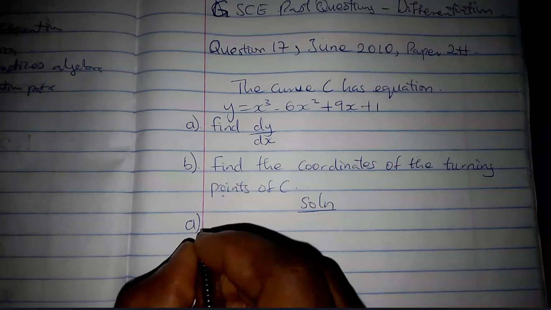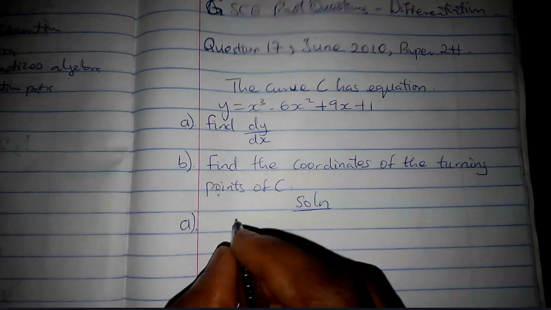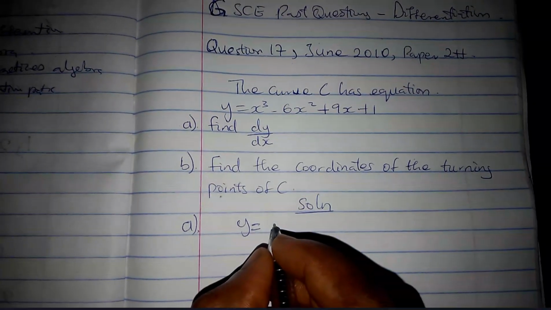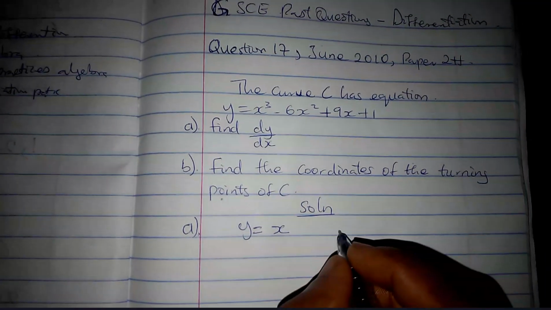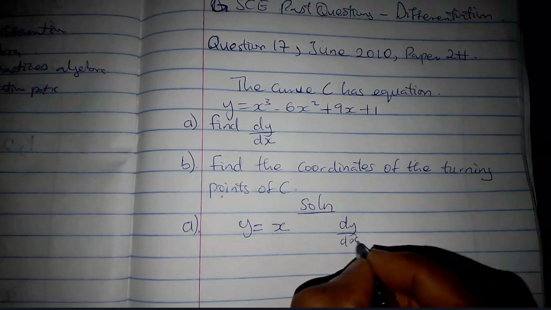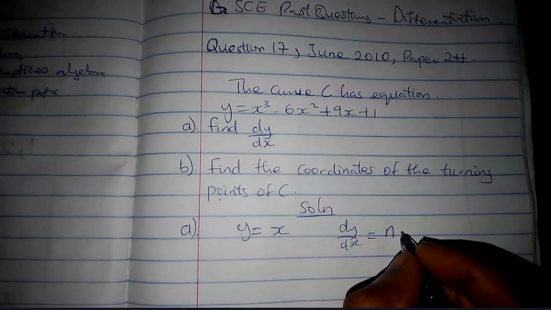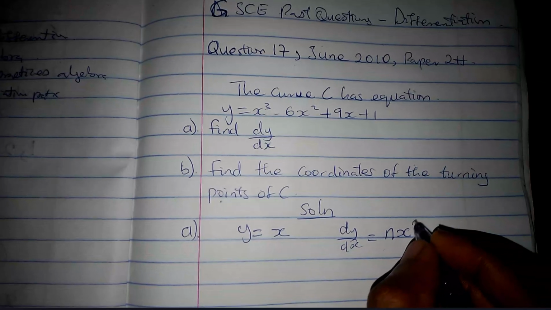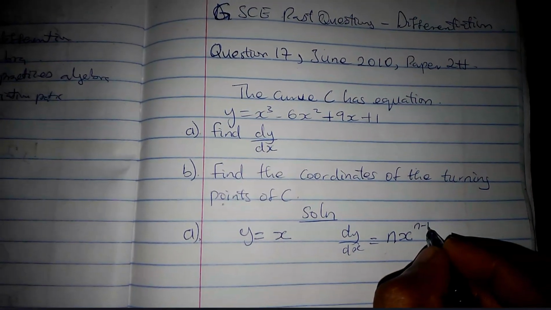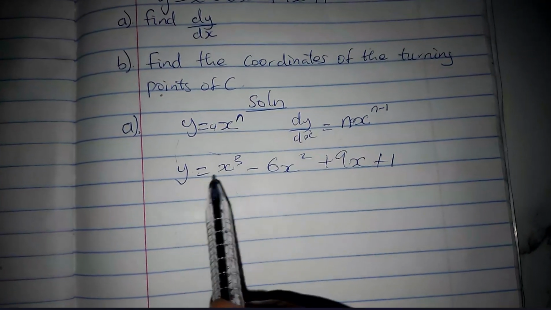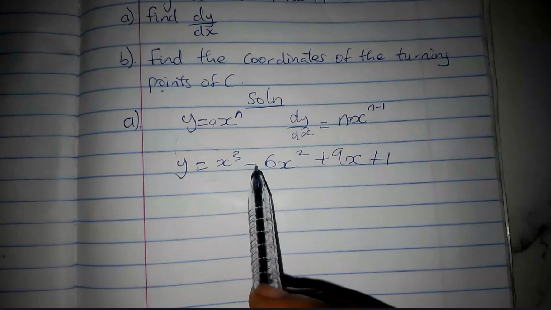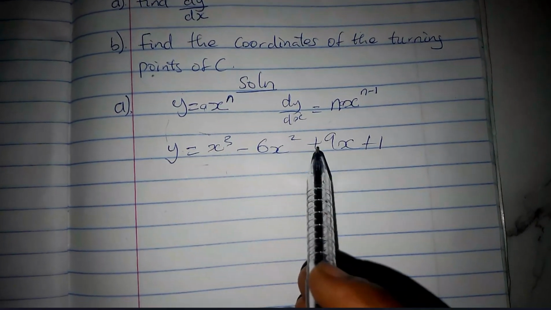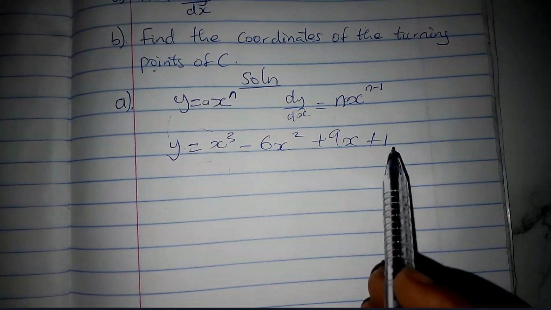To find dy/dx, like I said, when y is equal to x to the power n, then dy/dx is going to give us n x to the power n minus 1, right? So now we have y equals x cubed minus 6x squared plus 9x plus 1.